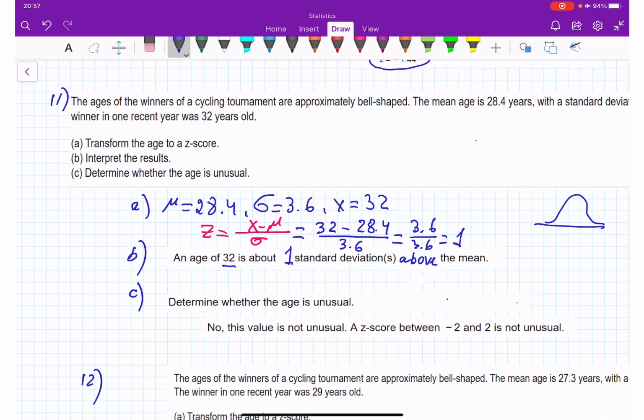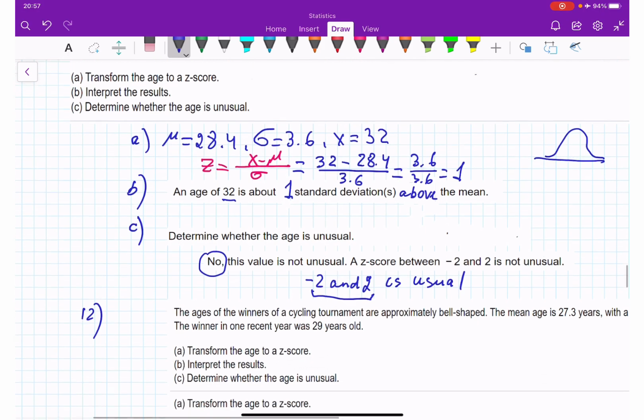We determine if it's usual or unusual based on z-score. If z-score is between -2 and +2, it is usual, and 1 is falling in this range, right? Which means no, this value is not unusual.